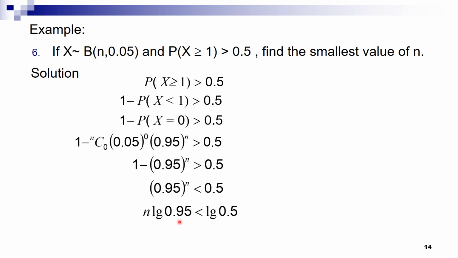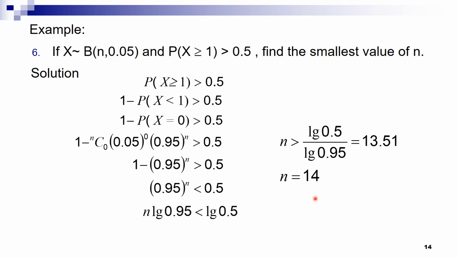So when you divide with a negative value, your n must be greater than log 0.5 divided by log 0.95, which is 13.51. So your n must be an integer. It cannot be a decimal value. So your n is 14. The first integer after 13.51 is 14.